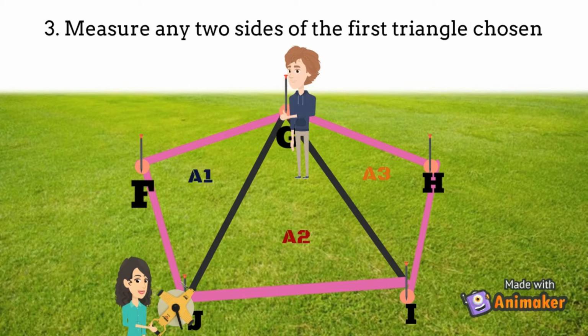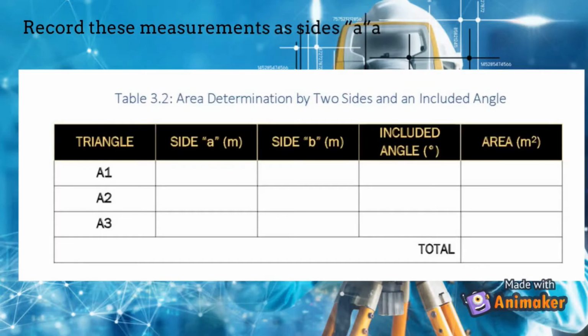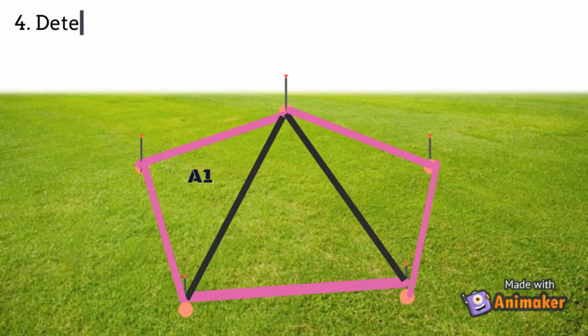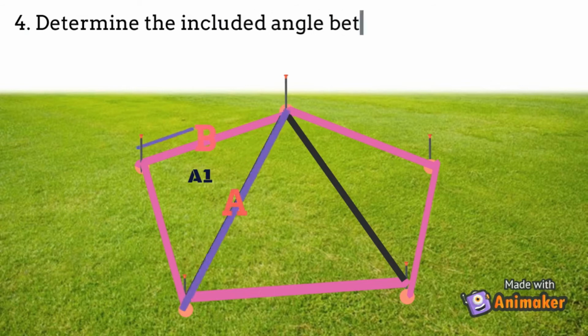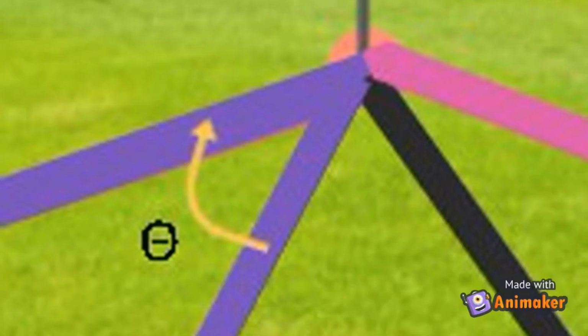Step 3. Measure any 2 sides of the first triangle chosen and record these measurements as sides A and B. Step 4. Determine the included angle between sides A and B. In order to do that, we will use the cosine law.